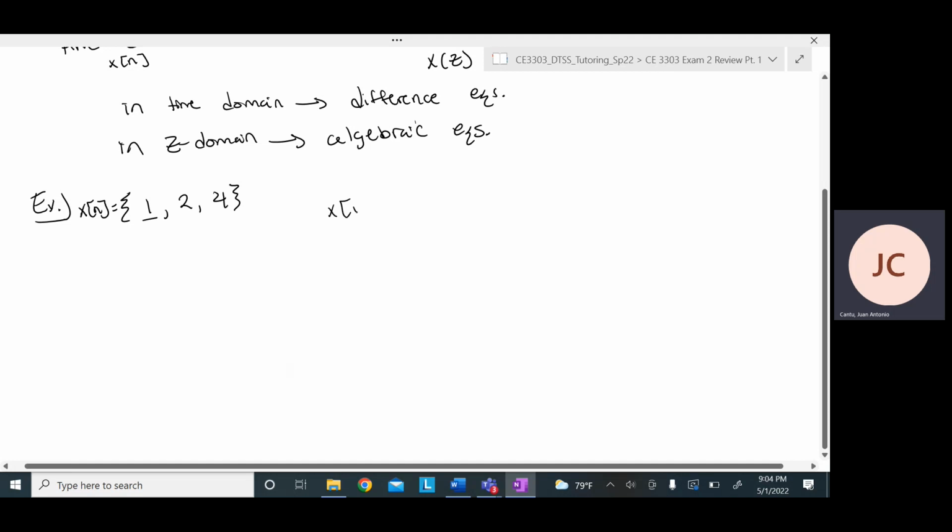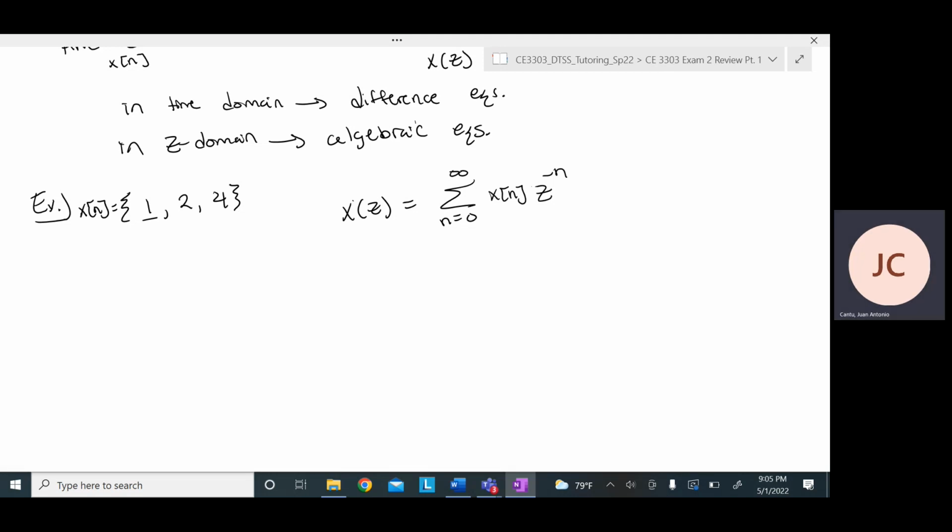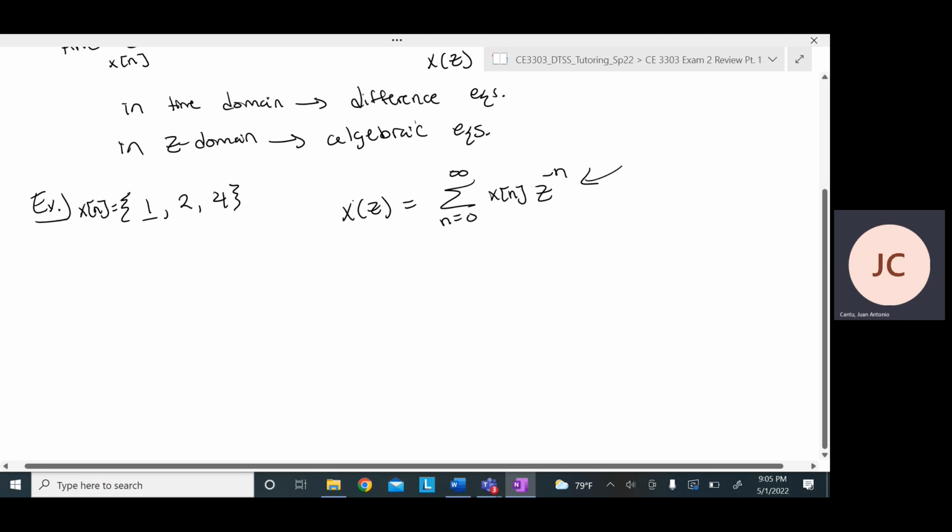So if we recall, X of z is equal to the summation from n equals 0 to infinity of x of n z to the negative n. I'm sorry, I was writing DTFT. Okay. So let's go ahead and map this time domain signal into the Z domain by using this formula.